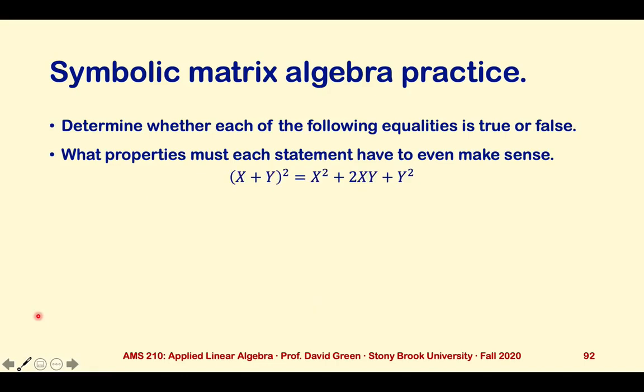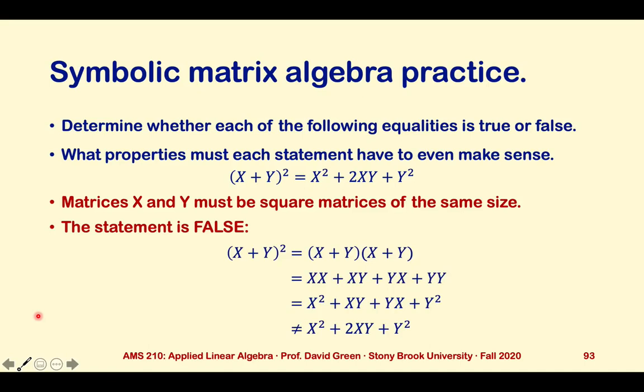Let's move on to a question now that involves some powers of matrices and products of matrices. What properties do X and Y have for this to make sense? Well, X and Y have to be square matrices of the same size.